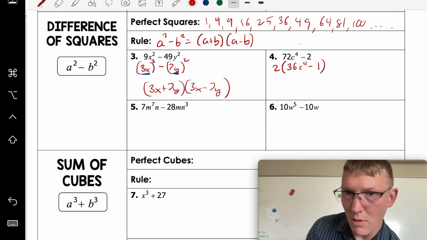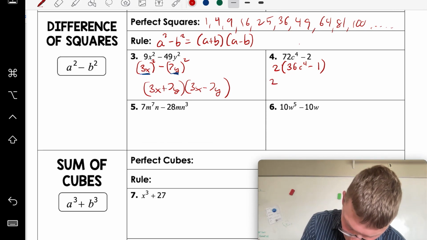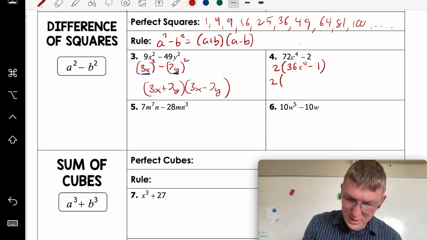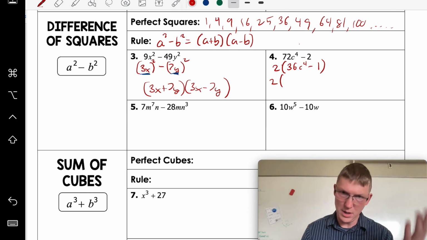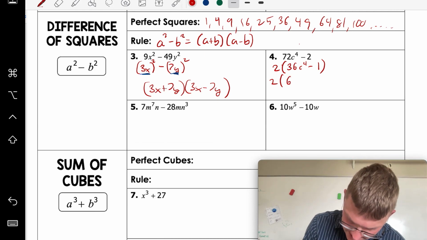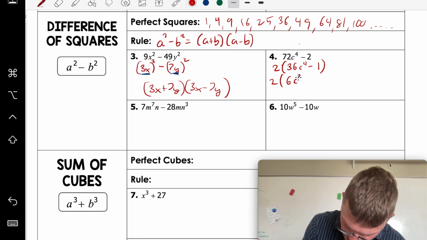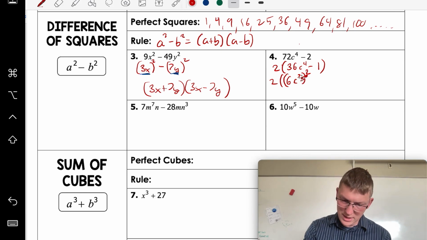So then I can rewrite that in my difference of squares form as 2, don't lose the 2, times 36c to the 4th. Don't let the c to the 4th mess you up. You can just rewrite it as (6c squared) squared, so this will make that c to the 4th right there. So we don't have to worry about that. And then we could say minus 1 squared.